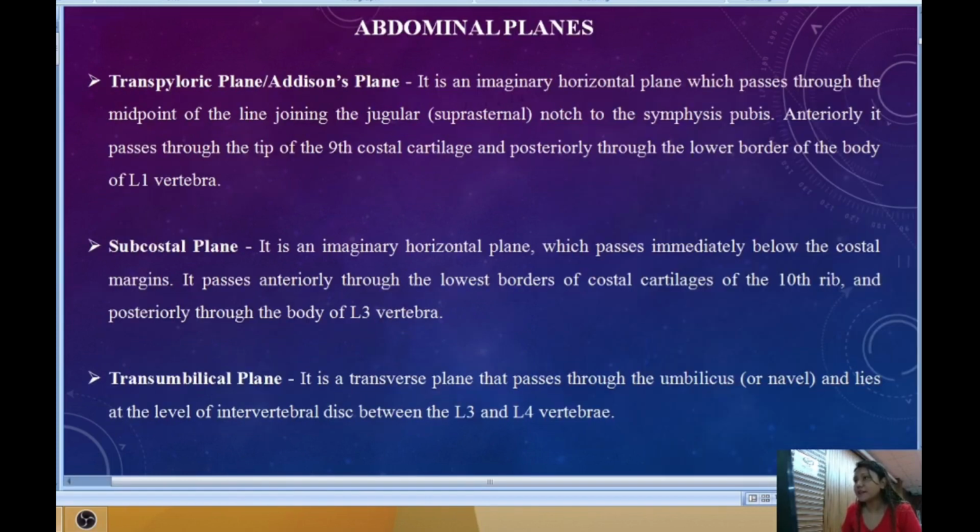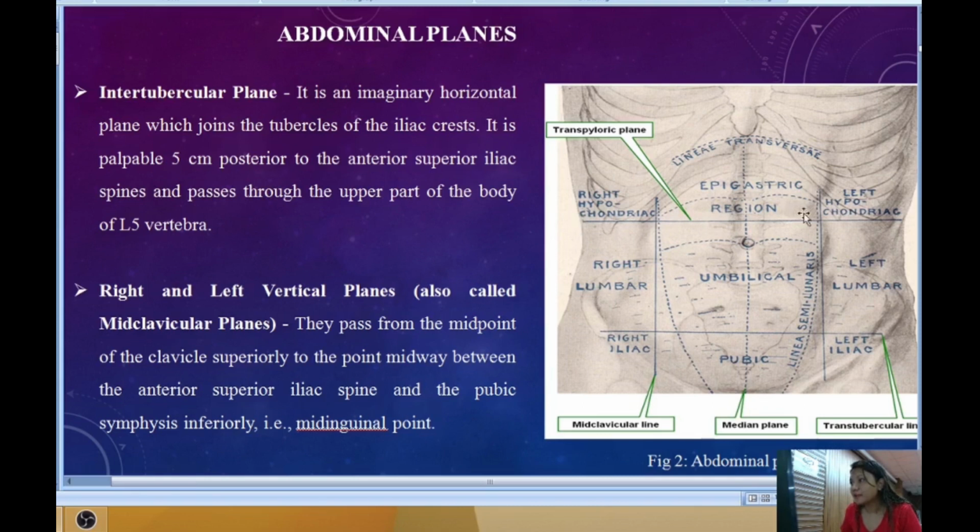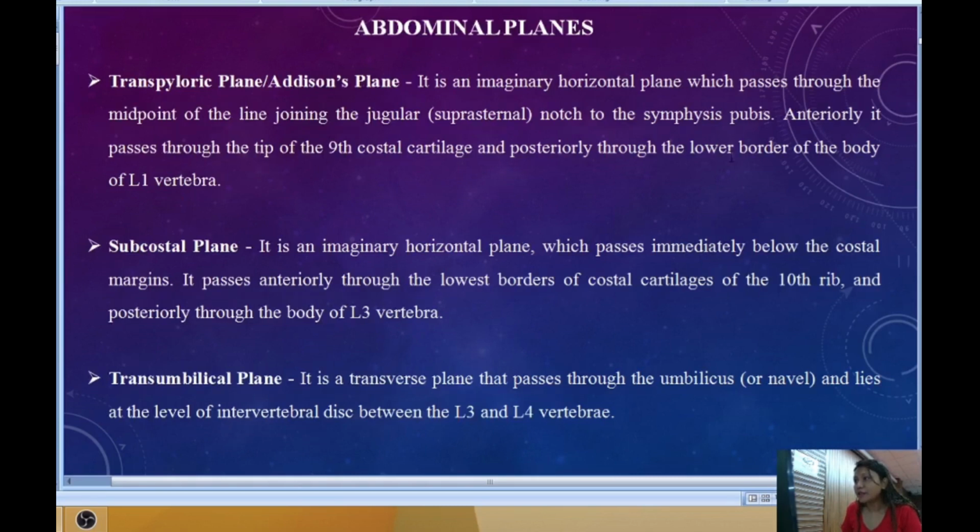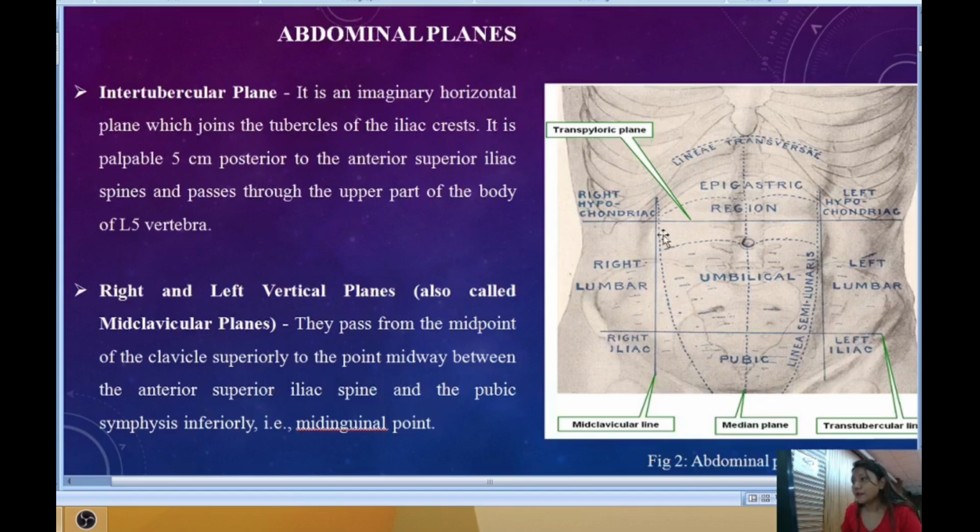It is an imaginary horizontal line which passes through the midpoint of the line joining the jugular notch to the pubic symphysis, and anteriorly it is related to the tip of the 9th costal cartilage and posteriorly to the lower border of the L1 vertebra. So this is the transpyloric plane.